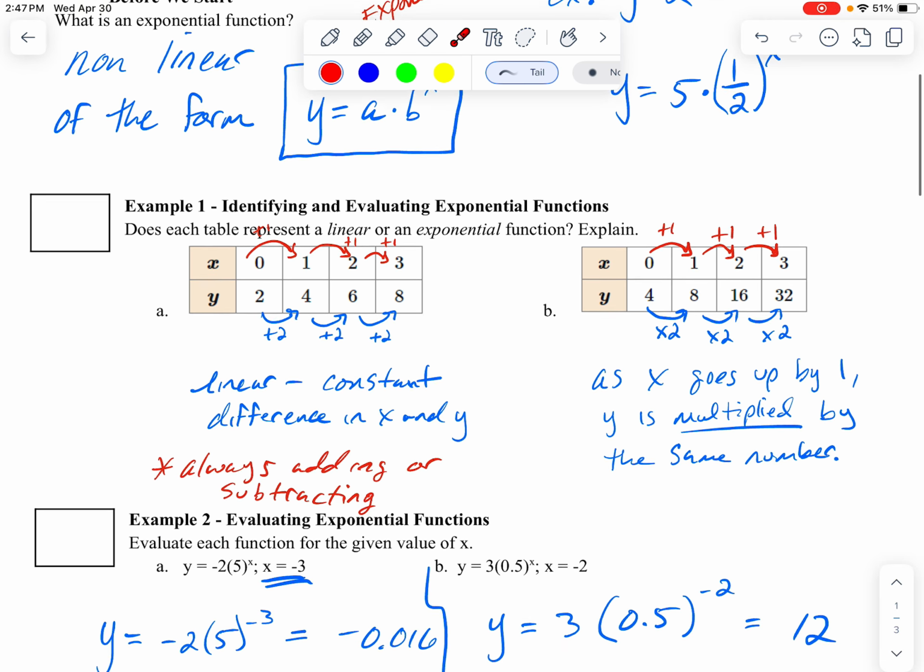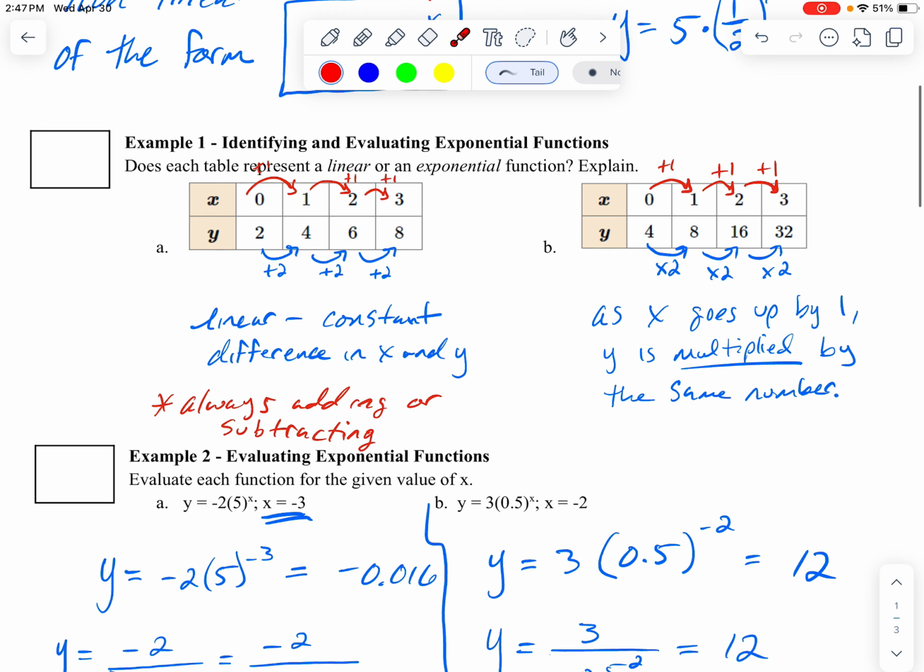So there's a couple different ways that we can spot this. One would be in a table. In our first example, if you remember earlier in the year, we looked at linear equations and we looked at tables just like A here. And what we noticed is that there was this constant difference. So here, I've got +1, +1, +1.